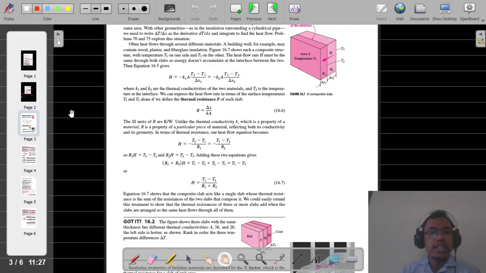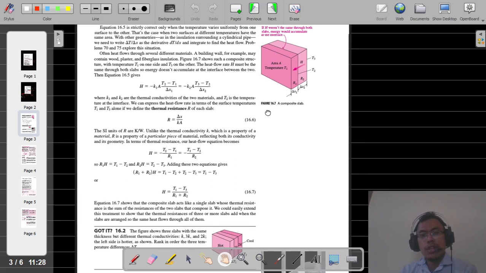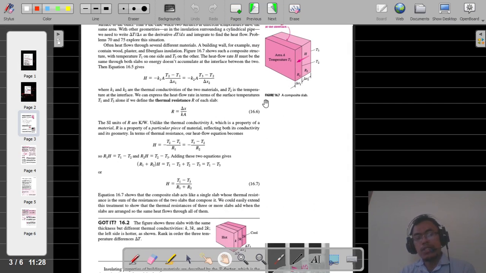But now what if we have a composite wall, meaning the wall consists of more than one material, let's say 2, 3 or 4 types of material, so we are going to have so many K's in the wall.